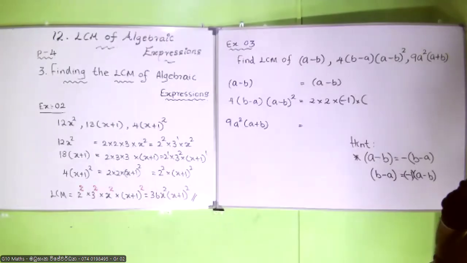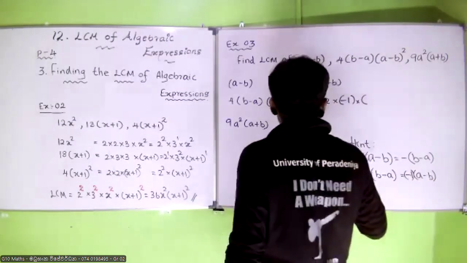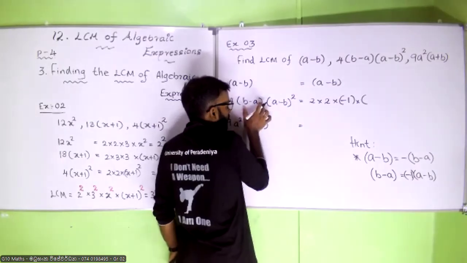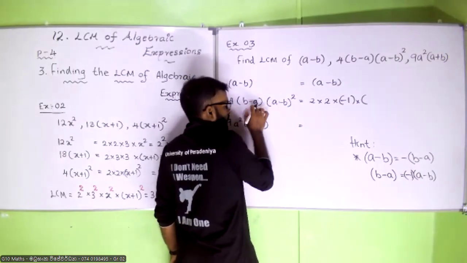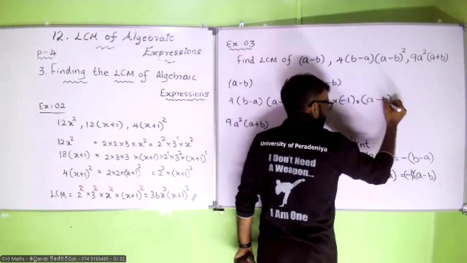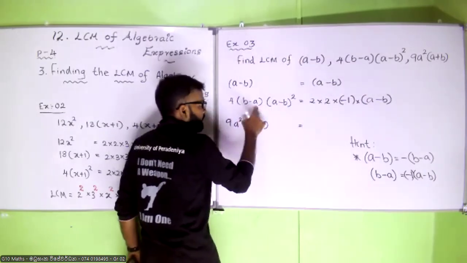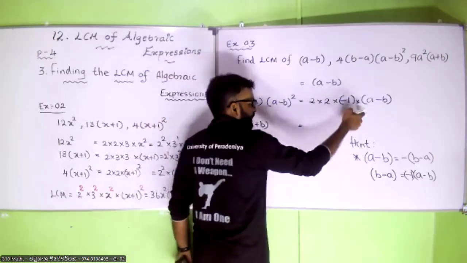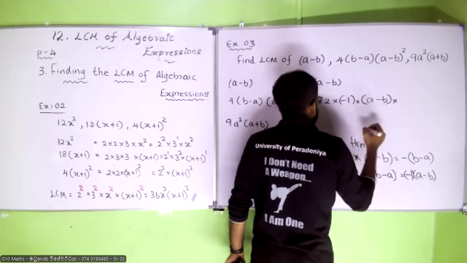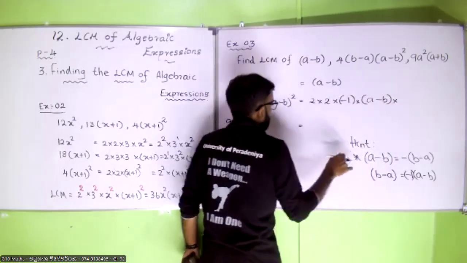Right? So the A minus B to the power 2. And here you have B minus A. I am going to change the sides to A minus B. Now I have written this B minus A by taking negative 1 out, A minus B, multiply. Right?